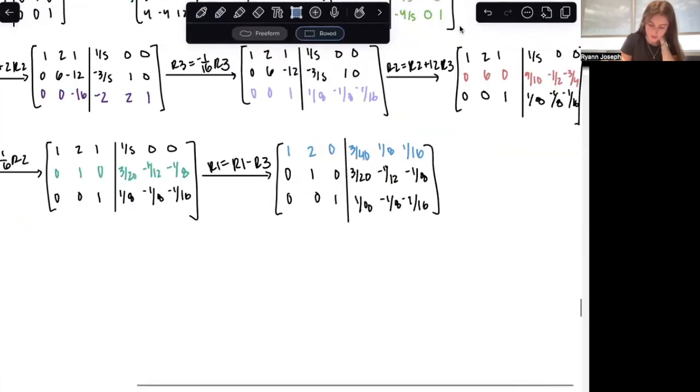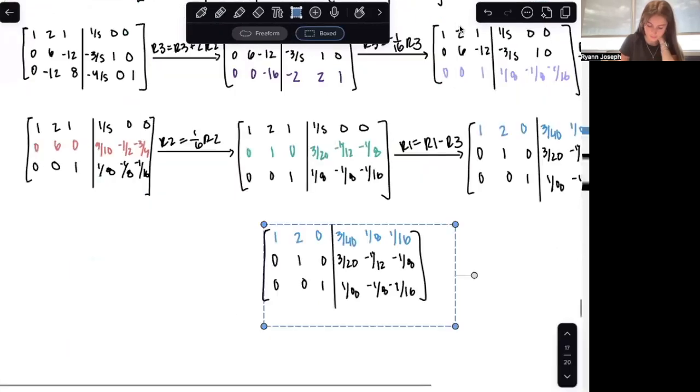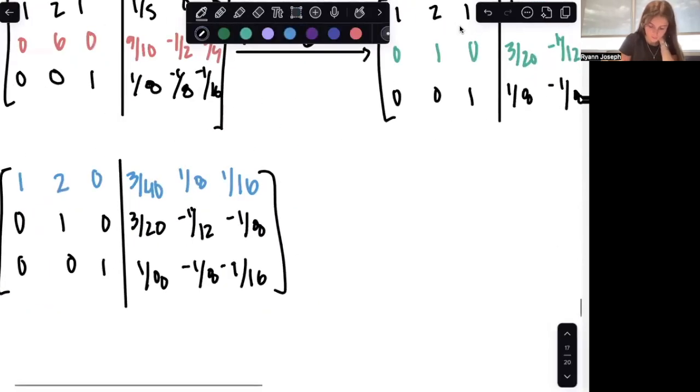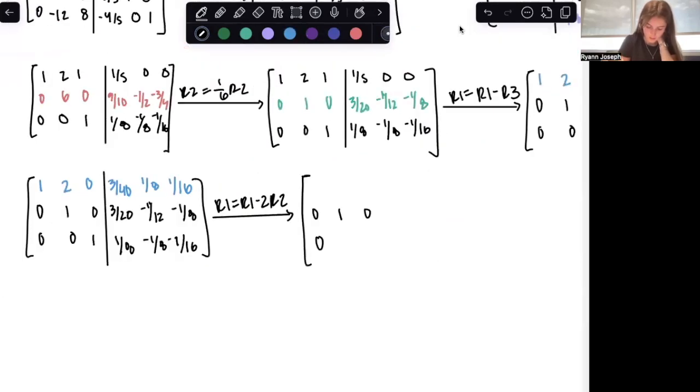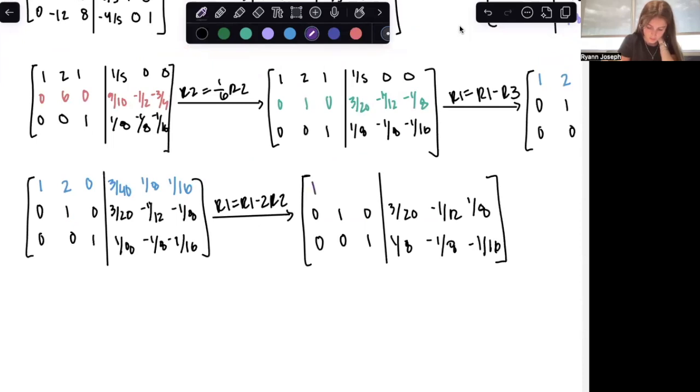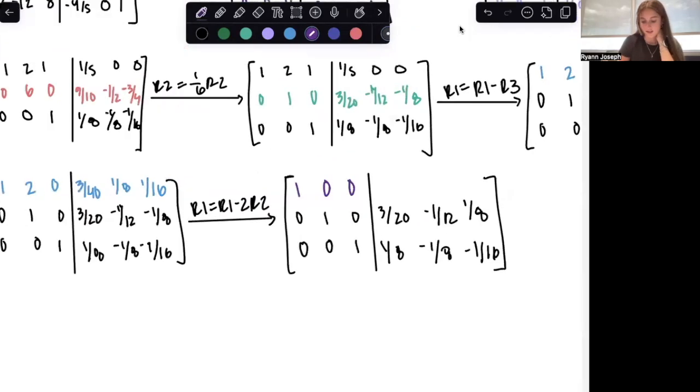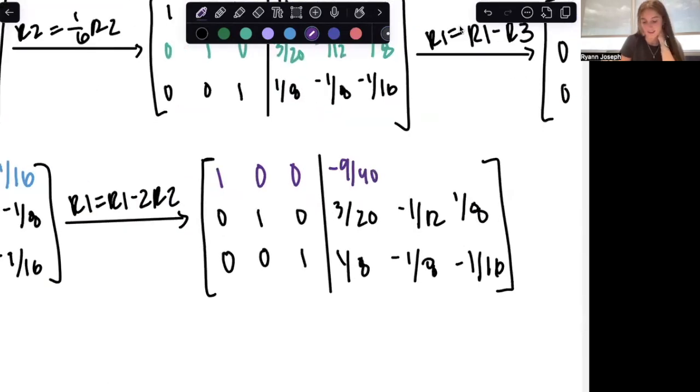So I'm going to do one last row operation where row 1 is equal to row 1 minus 2 row 2, keeping row 2 and row 3 the same. 1, 0, 0, and then subtracting that gives us -9/40, 7/24, and 5/16.